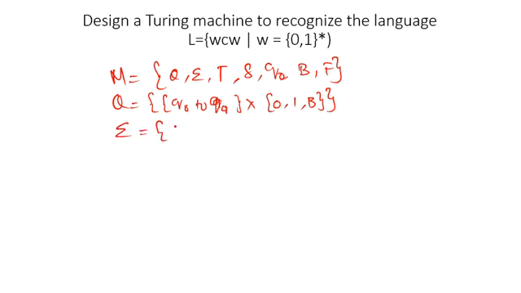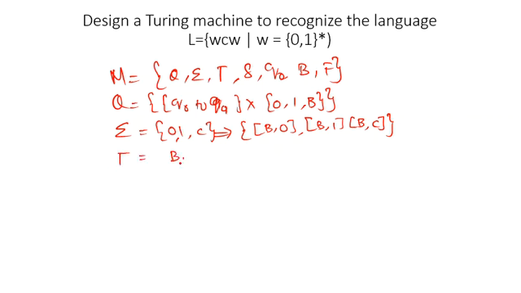Sigma is going to be 0, 1 and C, which is written as B comma 0, B comma 1 and B comma C. Similarly you will have the tape symbols, so you will be having B comma star. This will be crossed with 0, 1, C. So this is the tape symbol we have, right?